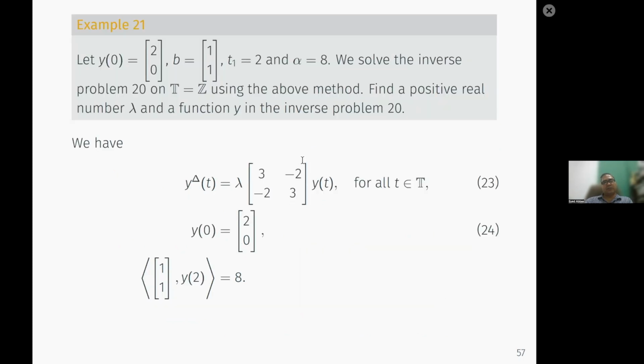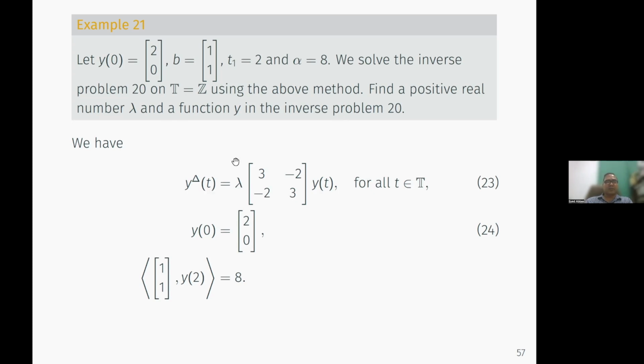So this we illustrate again with one concrete example. If we choose y0 is 2, 0, and b is 1, 1, and t1 is 2, and alpha is 8, then we can solve the corresponding inverse problem on T equals Z. And in this case, we want to find a positive real number lambda and a function y.